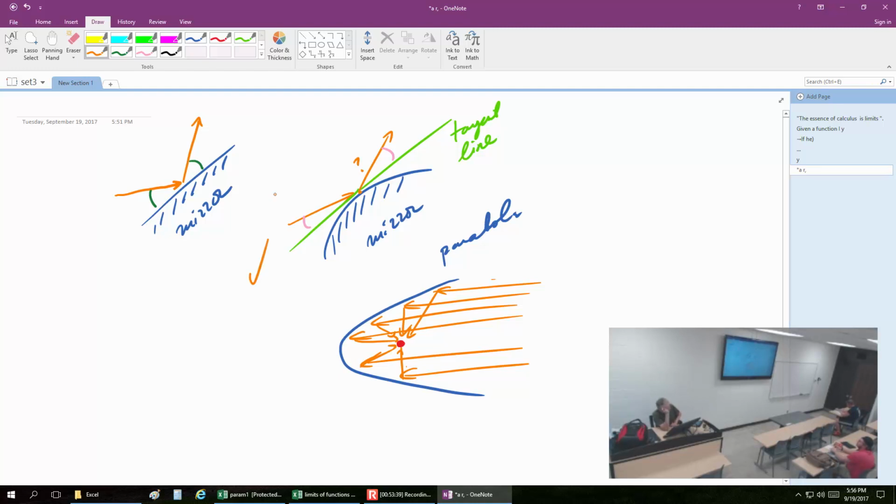You need to know all the tangent lines of the parabola in order to know where the light bounces, where it will be reflected, and so they knew how to do it. Okay, and you might think, do you remember modern examples of use of this? Anyone?